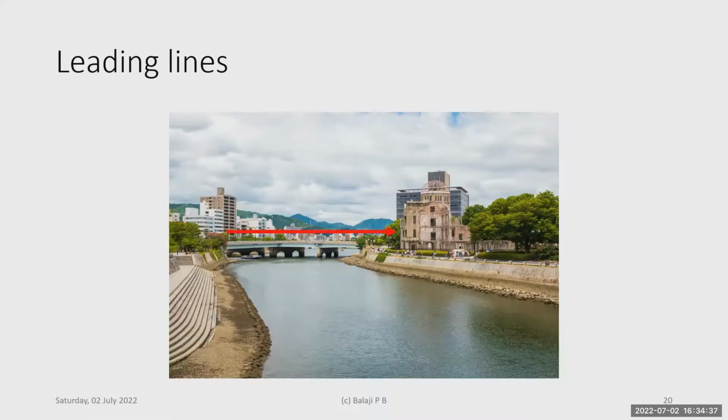And you can see the bridge acts like one of the leading lines, the bank of the river, the other bank, all these lead towards the subject. This really helped frame the picture in a pleasing way. So whenever you have leading lines, please use them. They really help make your picture stand out.